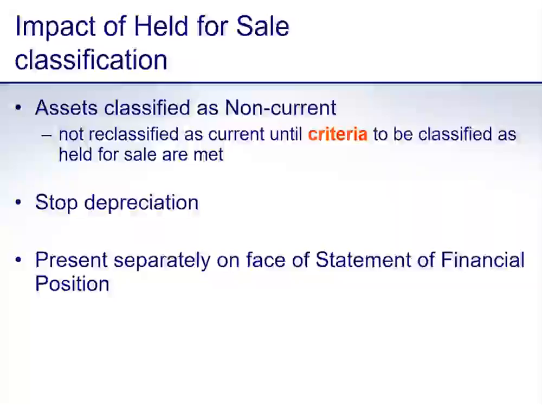We'll deal with this in a little more detail when we get to the disclosure a little later on. But just to reiterate the point, any assets that are classified as non-current assets will not be reclassified as current until the criteria to be classified as held for sale are met.